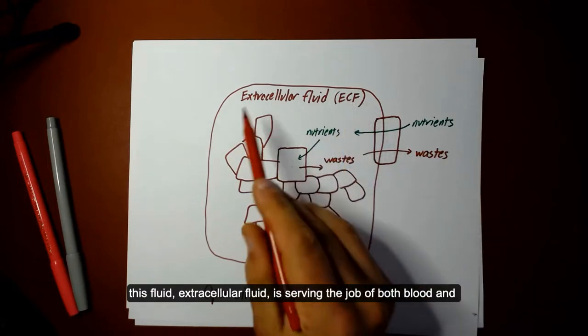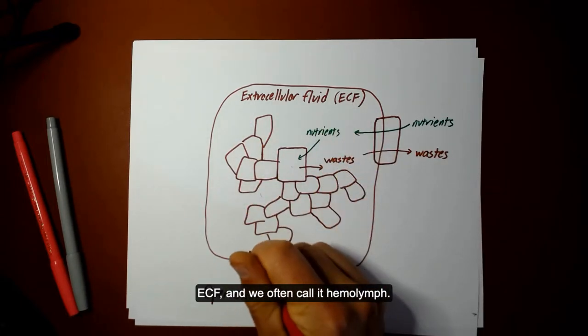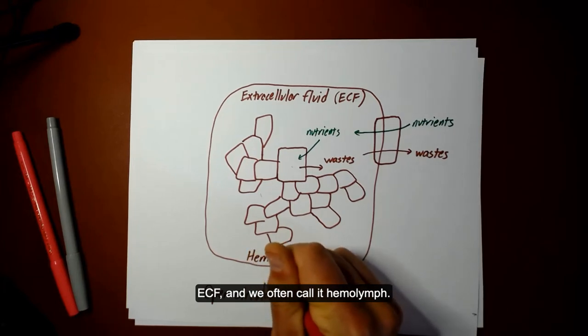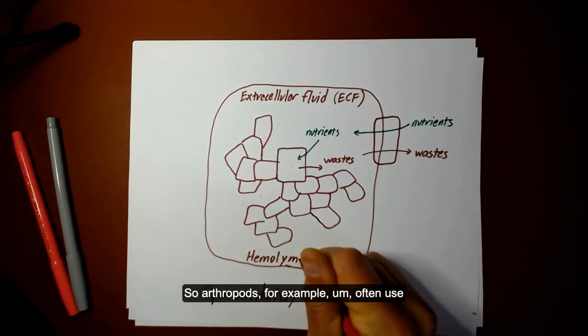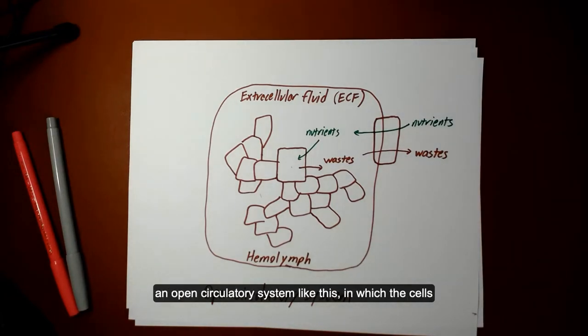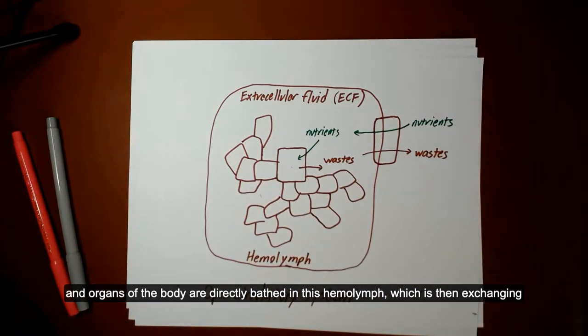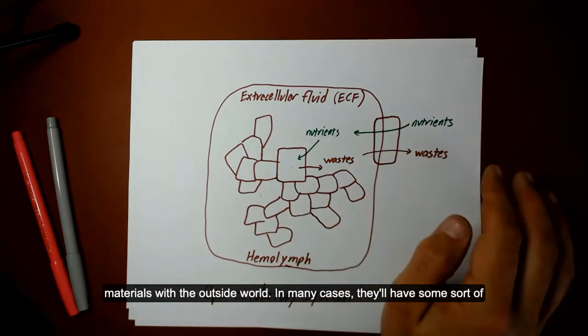Instead, this fluid, extracellular fluid, is serving the job of both blood and ECF, and we often call it hemolymph. So arthropods, for example, often use an open circulatory system like this, in which the cells and organs of the body are directly bathed in this hemolymph, which is then exchanging materials with the outside world.